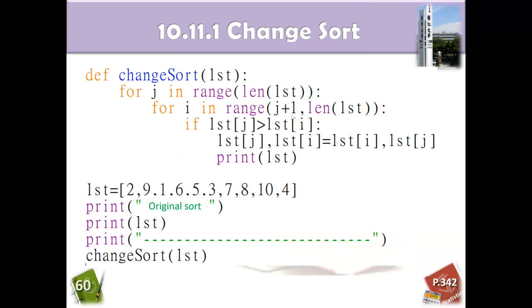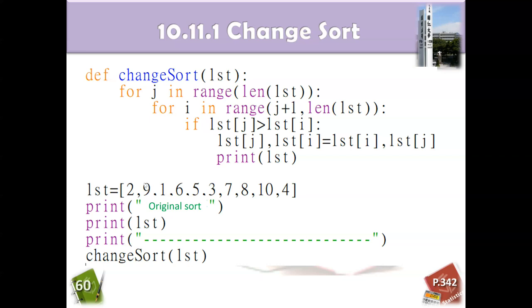Every time, you start it from j plus 1. Why is it j plus 1? Because the outer loop started from j. It means j is the first index value, and the inner loop will start from the next.